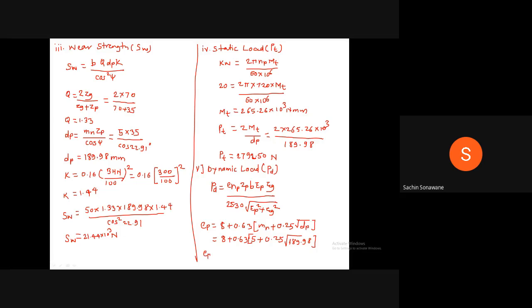Therefore ep is equal to, you will get it in microns, you have to write in mm. What is ep? 13.32 micron, means 0.01332 mm.